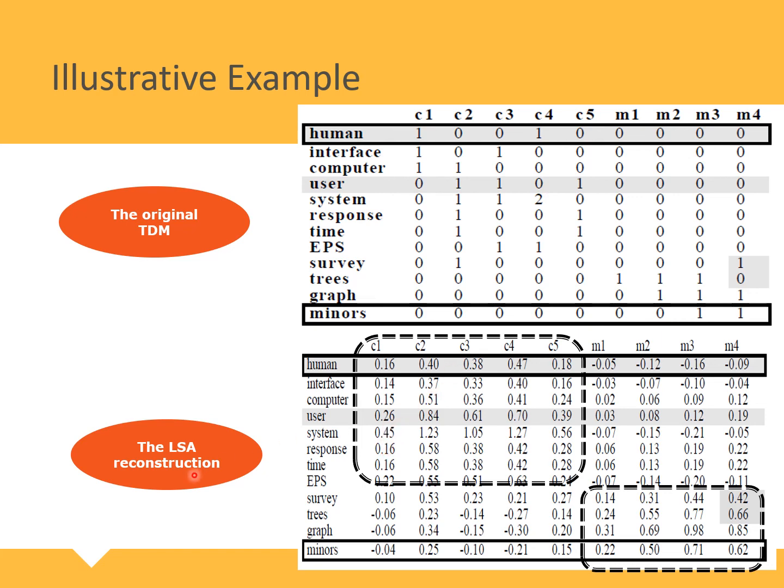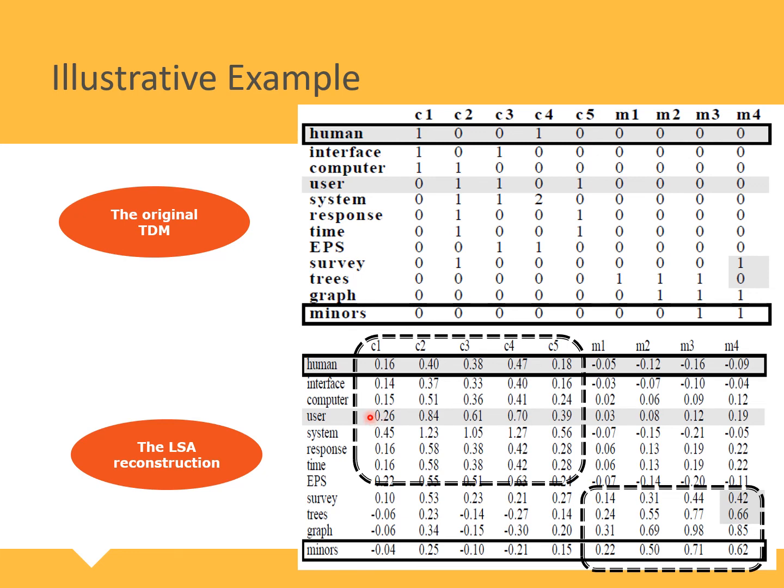But then if you look at the reconstructed matrix, the values for user against C1 and C4 are not 0, but there are some positive values, right?